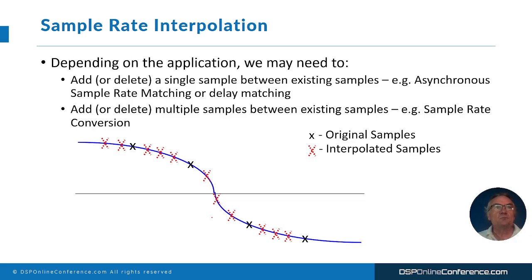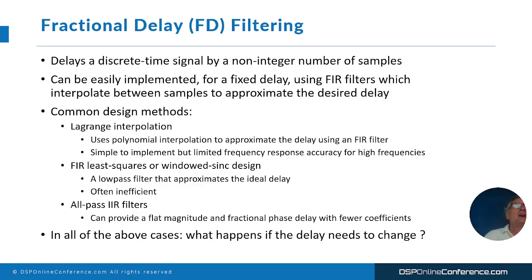So we are going to talk about the scenario of adding or deleting a small number of samples, typically just one sample between existing samples for applications such as sample rate matching and delay matching, etc. Okay, fractional delay filtering.